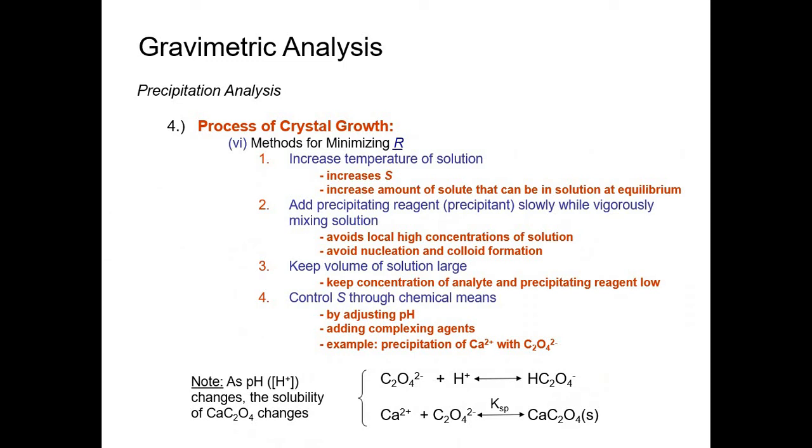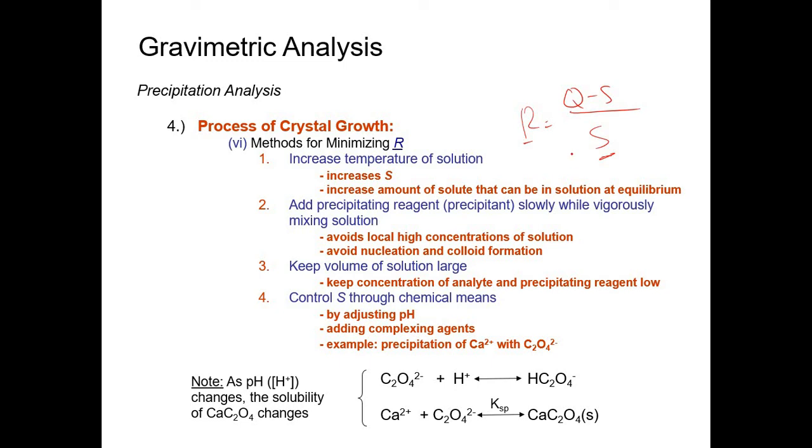So we can increase the temperature of the solution, which will increase S. Because R is equal to Q minus S over S, if we increase this one, then R will decrease.